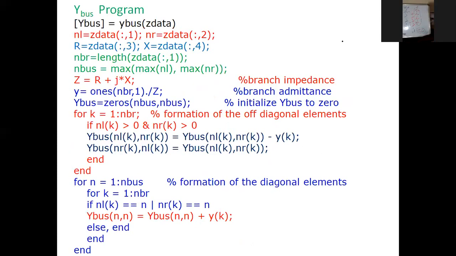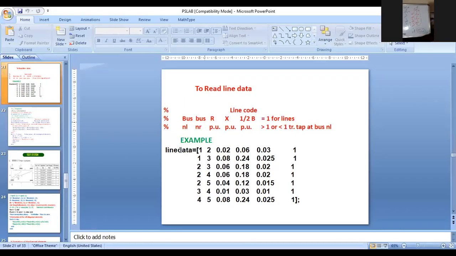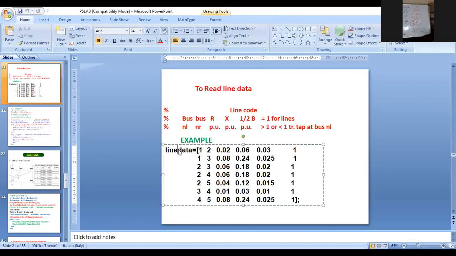Next, kindly read the program. Here, I'm removing this line data and making Z data, which is much easier, because in the program I have written Z data. Otherwise, it will give an error.